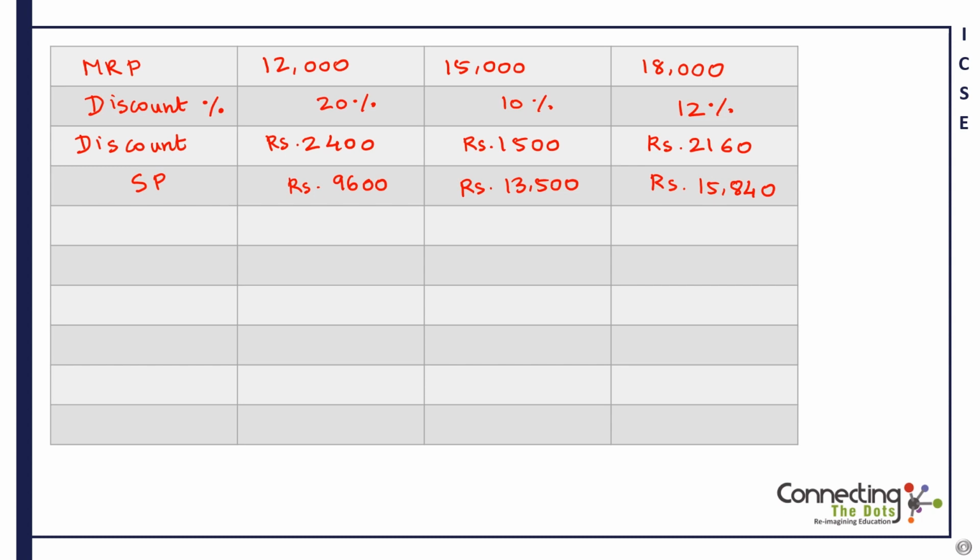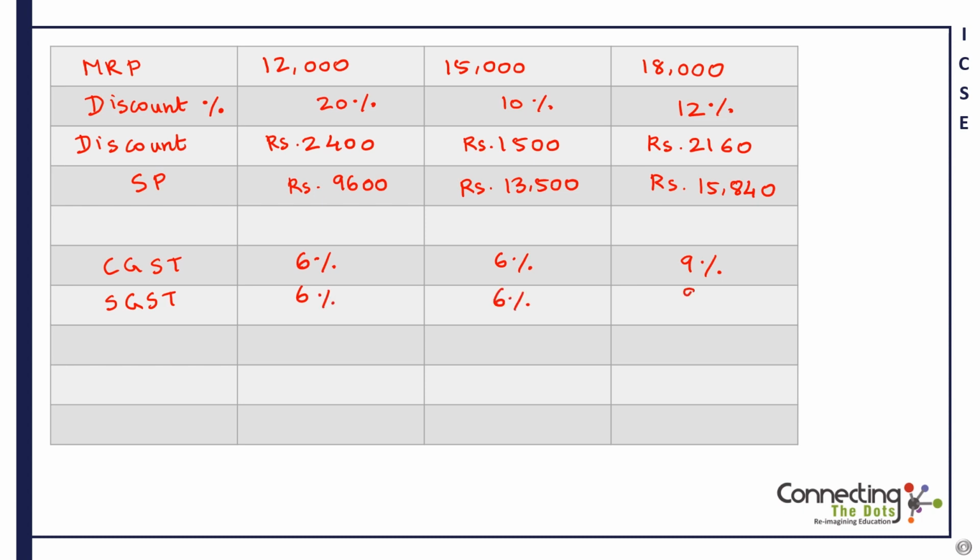Now remember, in the question, the CGST was given as 6% for the first machine, 6% for the second machine, and 9% for the third machine. Since CGST has applied, an equal SGST will also be applicable. That is, the state GST will be equal to the central GST.